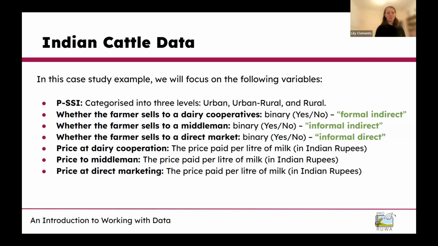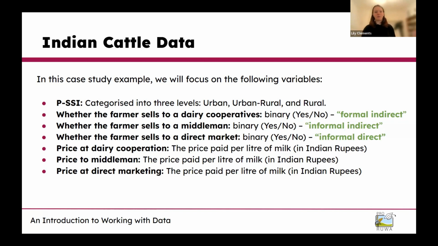We have whether the farmer sells to a dairy cooperative, which the paper calls a formal indirect method. We have whether the farmer sells to a middleman, which the paper calls informal indirect, and whether they sell to a direct market, informal direct.